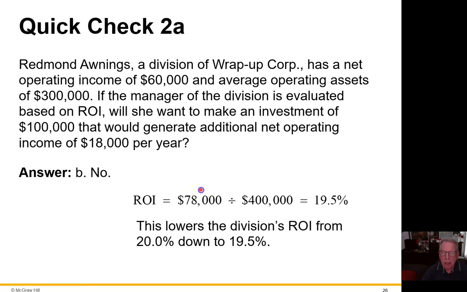That'll give you $78,000. And then the average operating assets will go up from $300,000 to $400,000 by adding that additional investment of $100,000 here. And that lowers the division ROI from 20% to 19.5%, even though this is probably a pretty good investment.